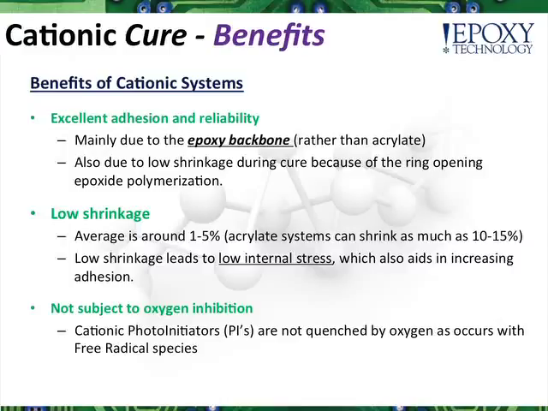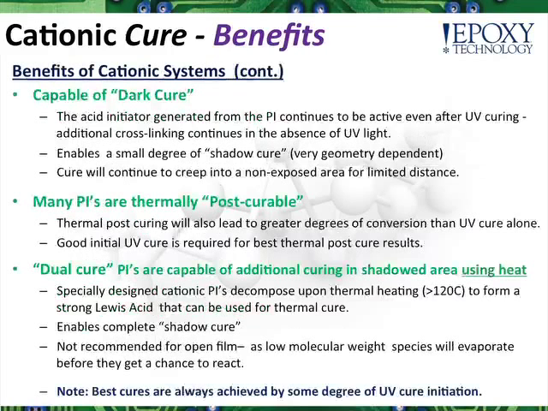Additionally, cationic epoxies are not subject to oxygen inhibition. With free radicals, the free radical that actually does the curing can be quenched by oxygen in the environment. That doesn't happen with cationic UVs. Additionally, cationic UV epoxy is capable of dark curing in some cases. Dark curing is the epoxy polymerizing in areas that don't receive full UV illumination.